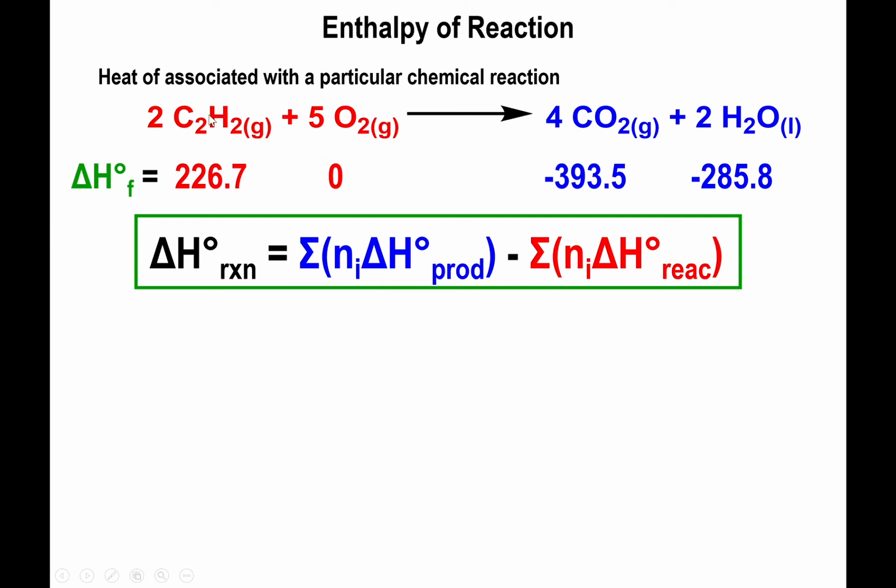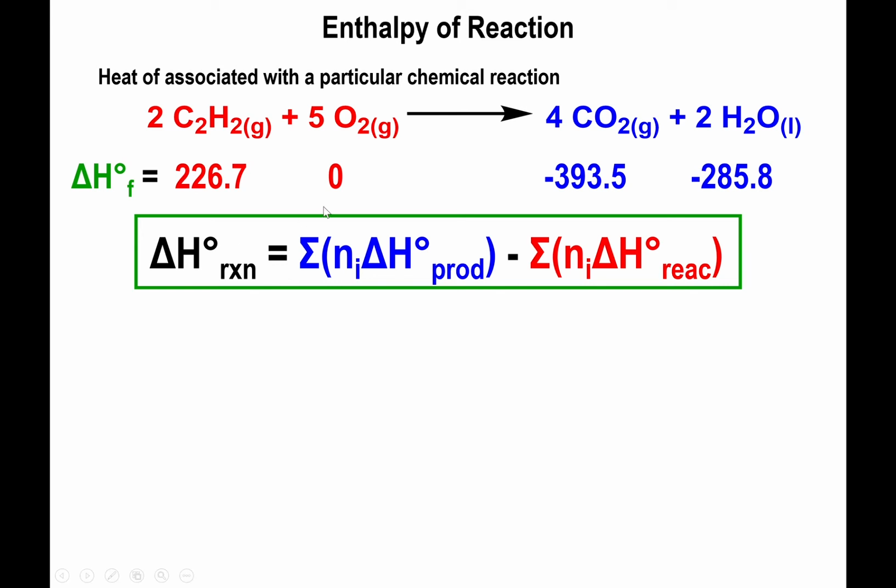The same thing can be done for all of the reactant molecules. And simply stated, the sum of the delta H formation of the products minus the sum of the delta H formation of the reactants is what's going to yield the enthalpy of the reaction.